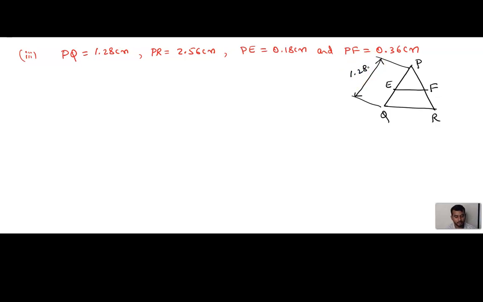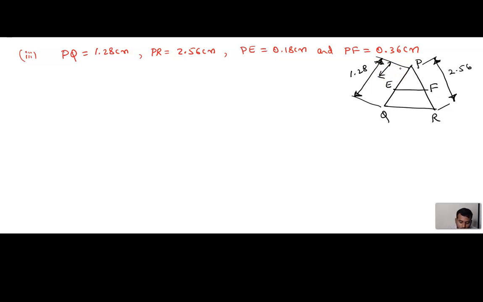1.28 centimeter. PR means full side he has given. He has given this full side, right? So how much is PR? 2.56 centimeter. PE means from here to here, right?